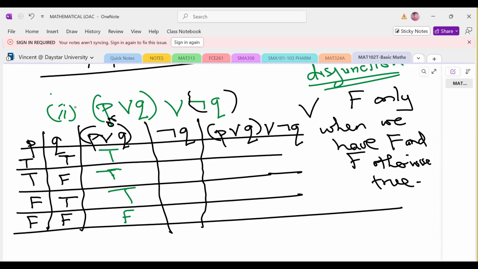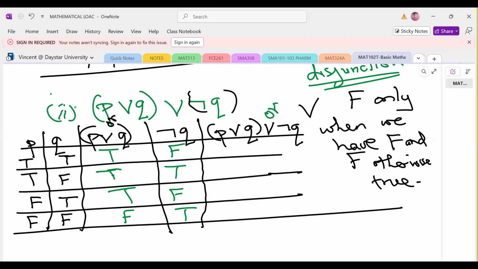This column depends on the... okay? So the first will be F, T, F, T. Correct. Then the final answer is just taking the values in column 3, then using the connective with the values in column 4.